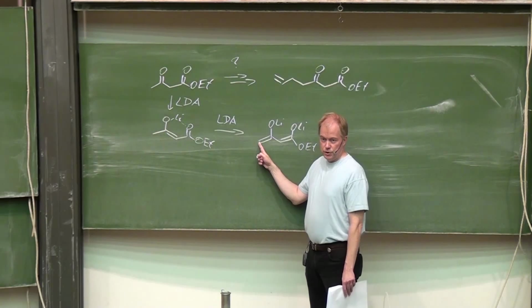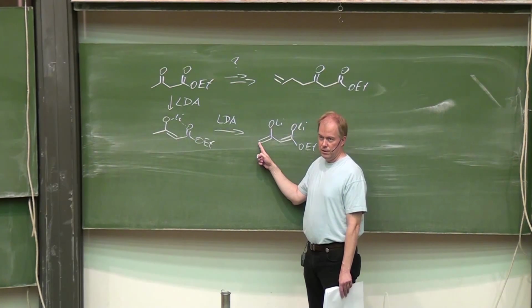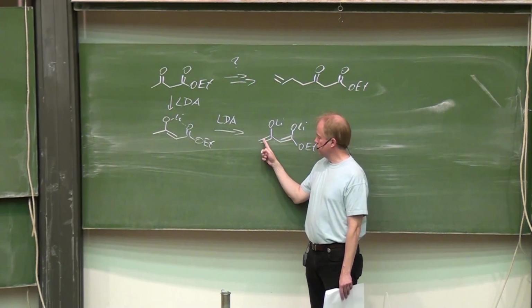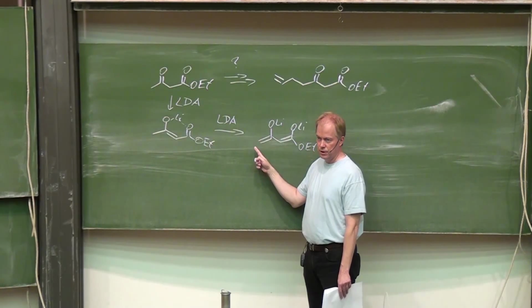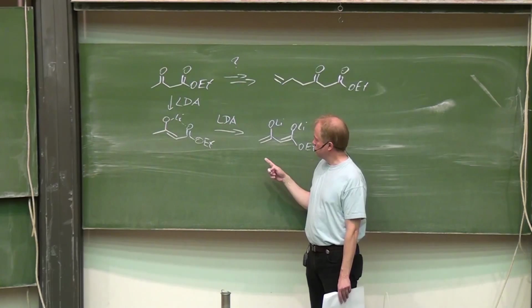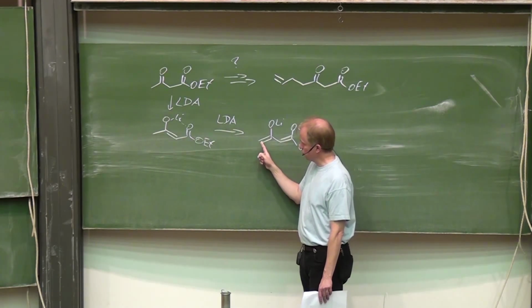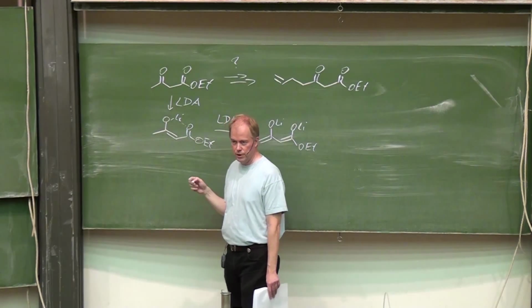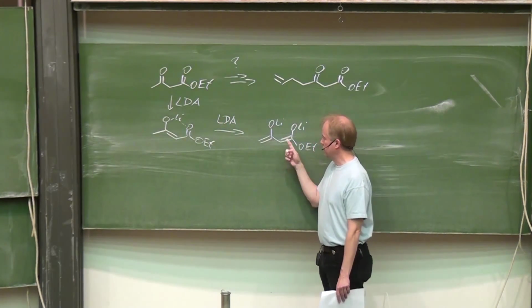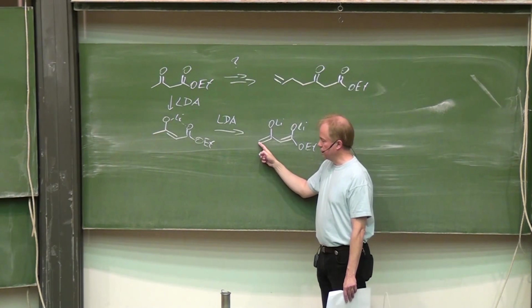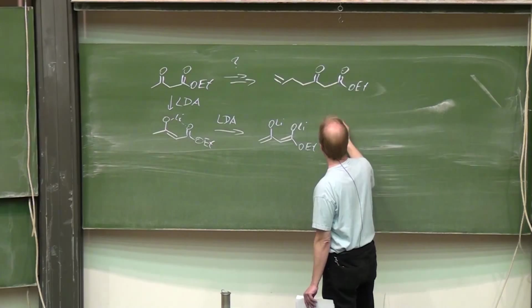And this position is the more nucleophilic one compared to this position, because it is sterically less hindered, and at the same time the enolate formed after alkylation here is this one. Here you have the alkylation and it is the conjugated one. So it's also thermodynamically favored to let the alkylation occur at this position.